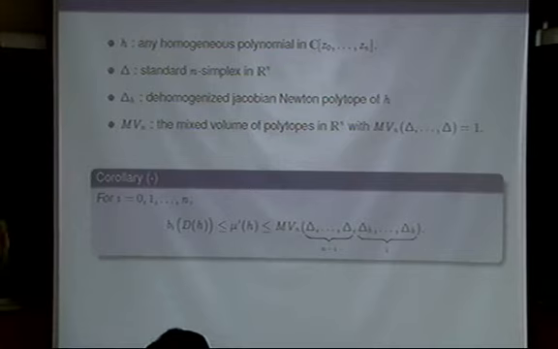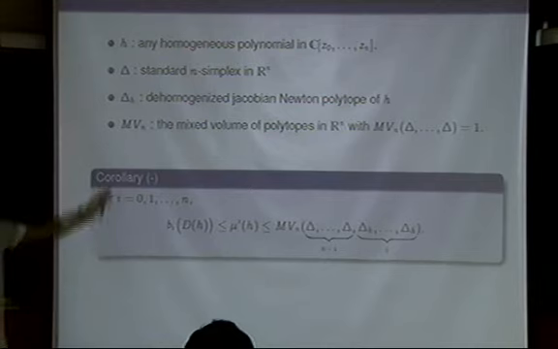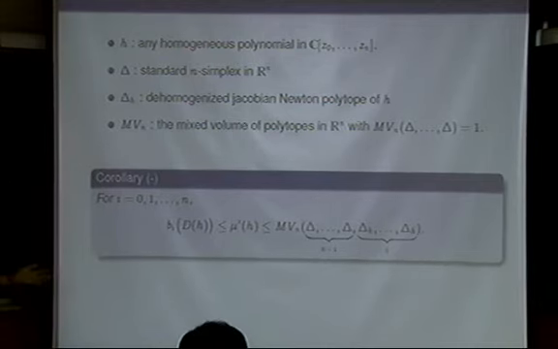So it's in essence just the Newton polytope of h, but translated by 1 in every direction. And you take the union and convex hull. And I'll write MV_n for the mixed volume of n polytopes in R^n. So my normalization is that if you take the volume of the standard n-simplex, then I'll say the volume is 1, not 1 over n factorial.